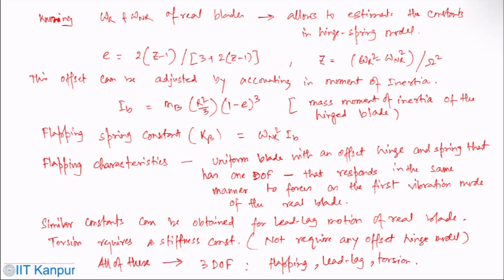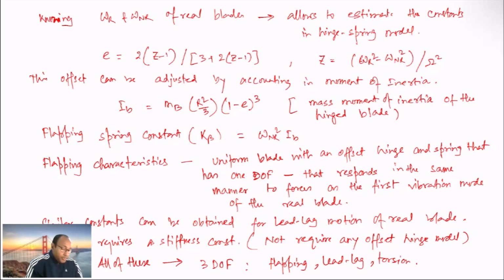So once we introduce that offset characteristic in the mass moment of inertia, the spring constant can be obtained, and then one can find these flapping characteristics, which are modeled with a uniform blade with an offset hinge.